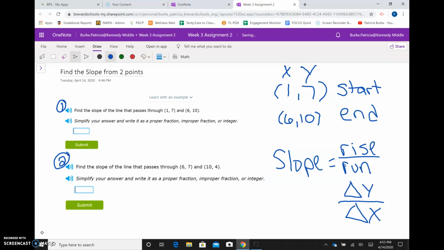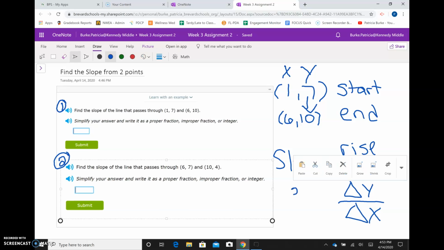So let's start with our y's. If we start at 7 and we go to 10, what did we have to do to 7 to get to 10? Well, you would have to add 3, so that's a positive 3 change.